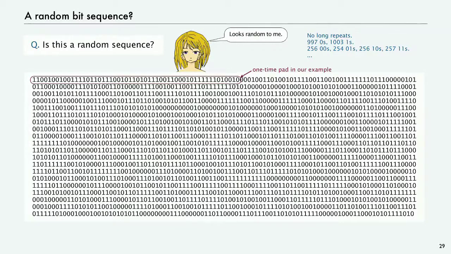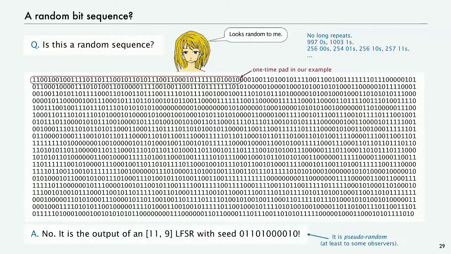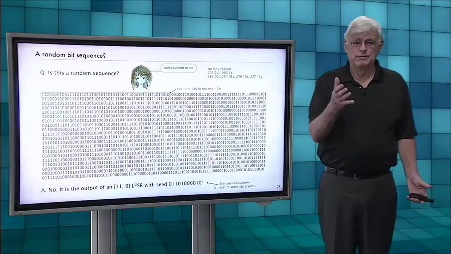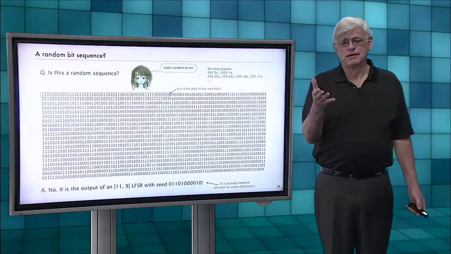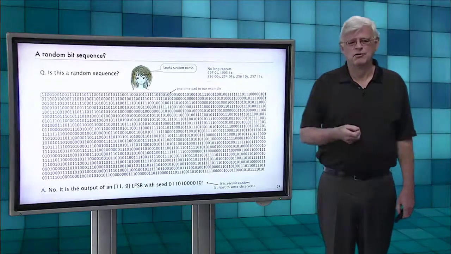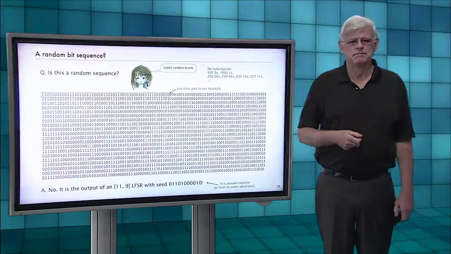But actually, that's the one-time pad that we used in our example. This thing was created by our 11-9 LFSR with the initial seed 011010010. So it's a pseudo-random sequence, except maybe to some observers, and we'll get back to that in a minute.